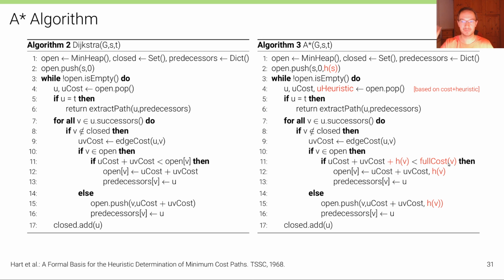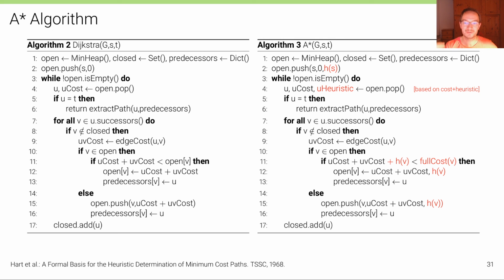It's basically looking up that node v in the open min heap, extracting the v cost and the v heuristic, and adding them together. And so if this cost with the heuristic together, but going through this other node u, is smaller, well, v must have been added through some other node before, right?